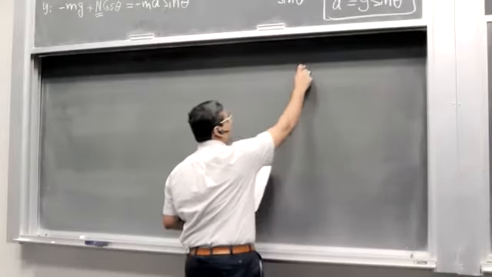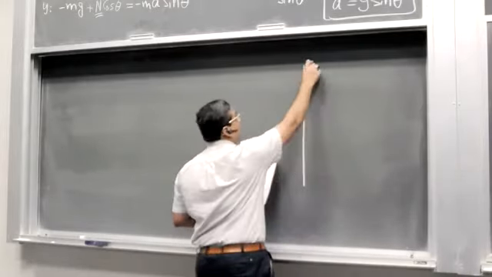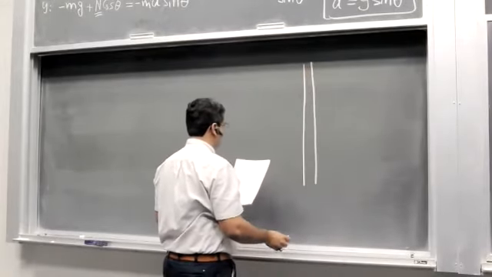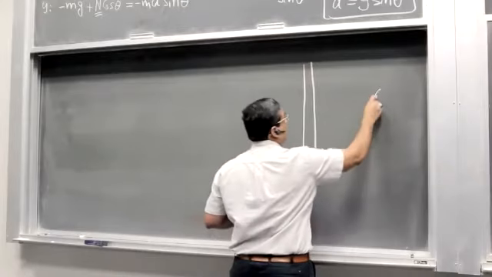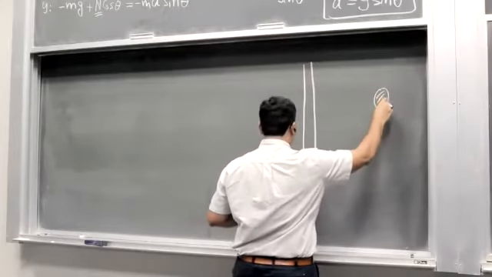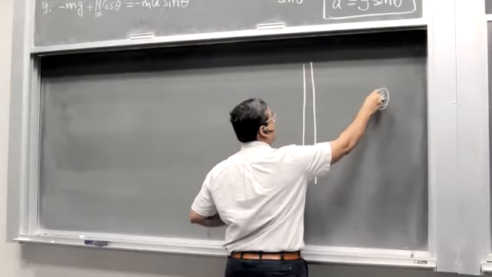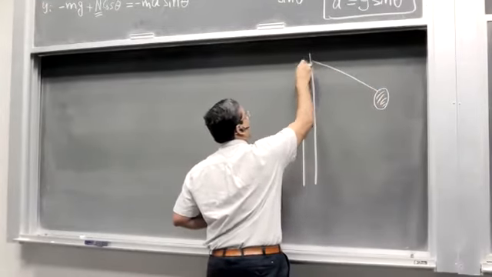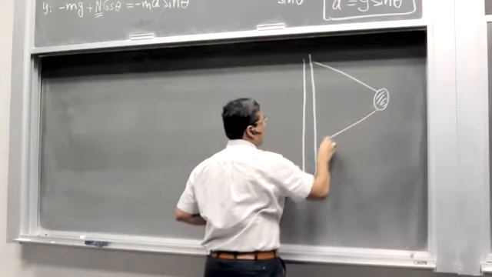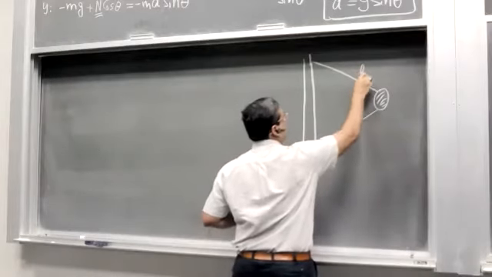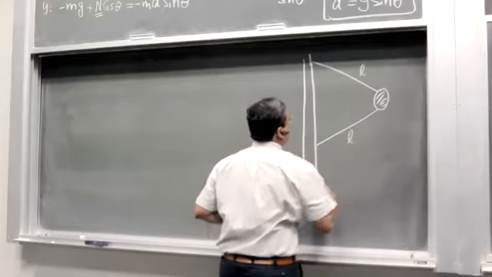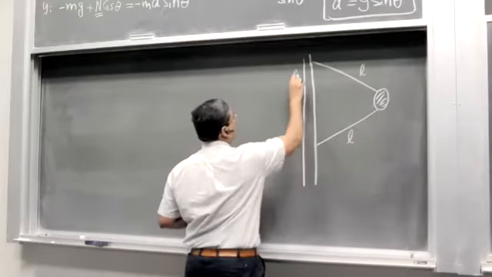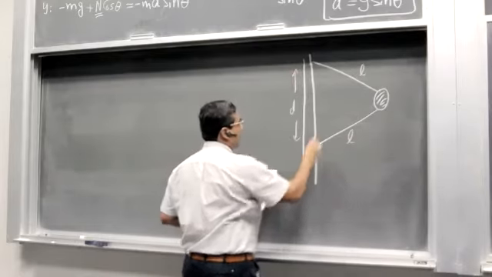So we have a rod, that vertical rod that is rotating, and then a ball of certain mass attached to it through two strings or two ropes, if you like. Each rope is of length L, and this is D. Okay.